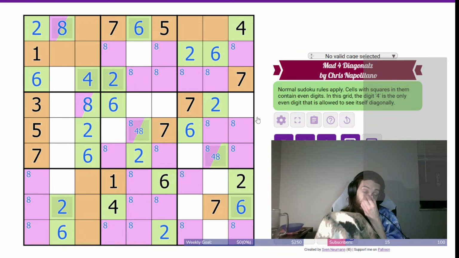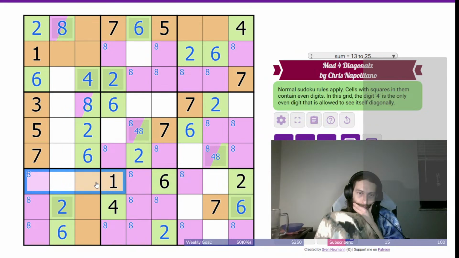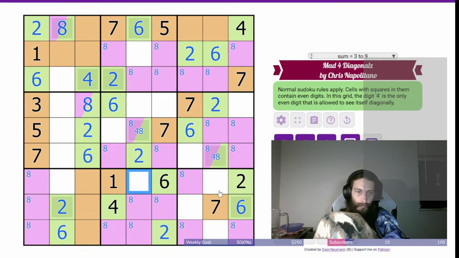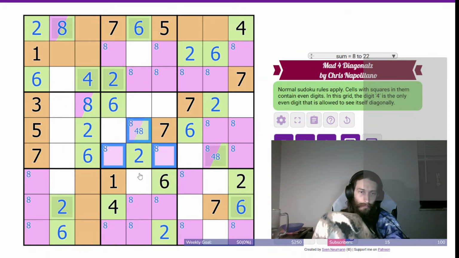Okay, in box 7, the top row. I'm sorry, box 8. That top one sees all 3 of the possibilities in box 5.